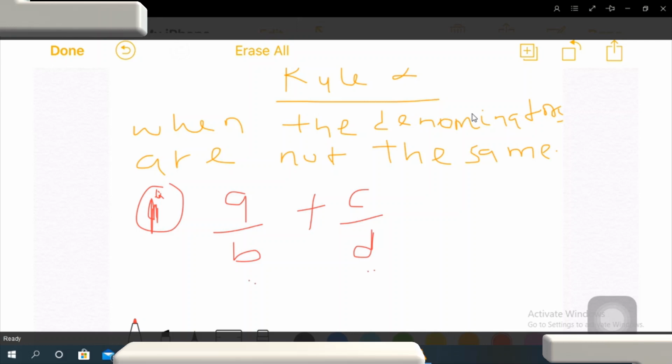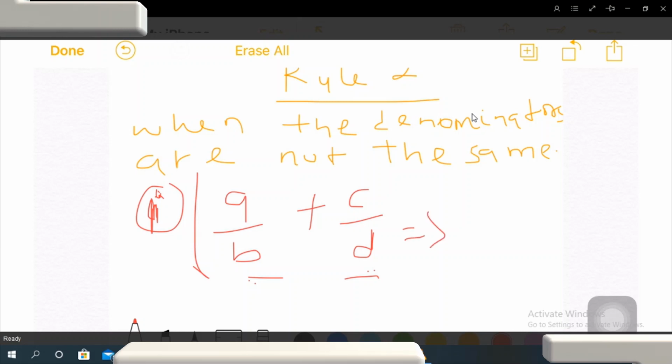As I said early on, choosing a particular rule depends only on the denominator. We don't look at the numerator. The numerator doesn't tell us which method we should choose. Only the denominator.